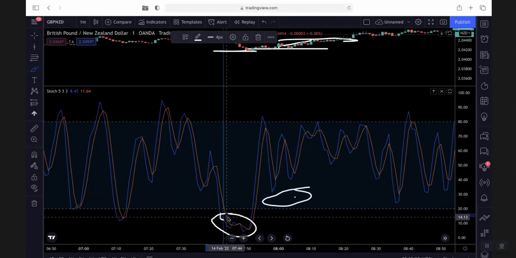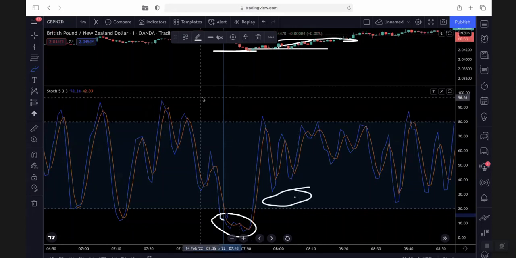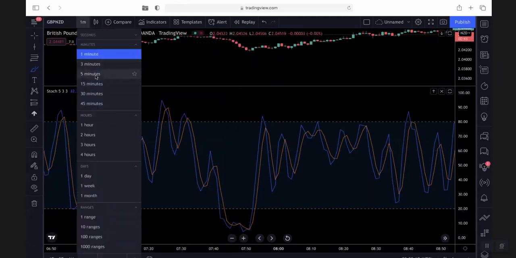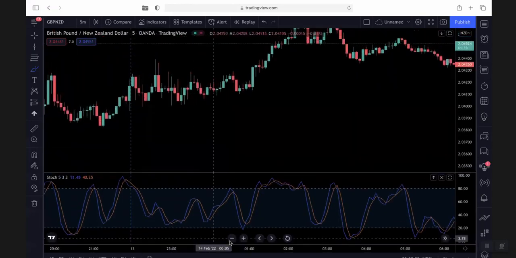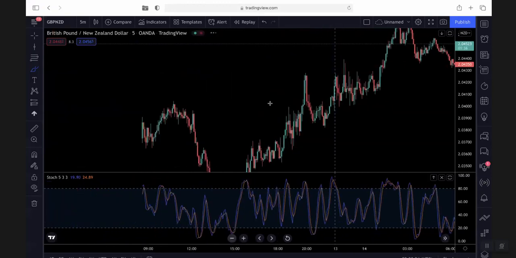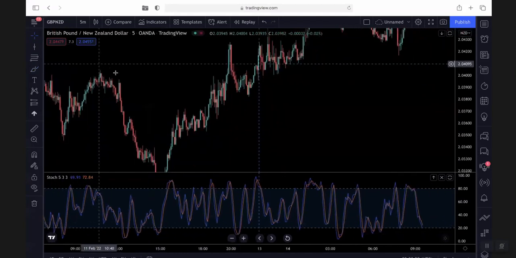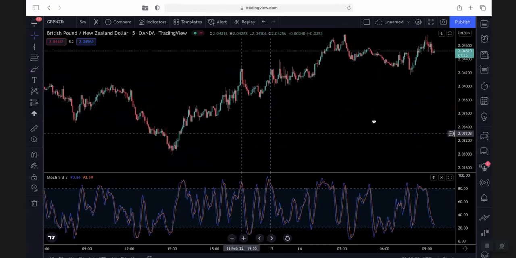Let me give you guys an illustration of what I'm actually talking about. Let's start with 5 minutes. Whenever there's high momentum, or when the market is moving at a high speed, that's definitely what will happen.